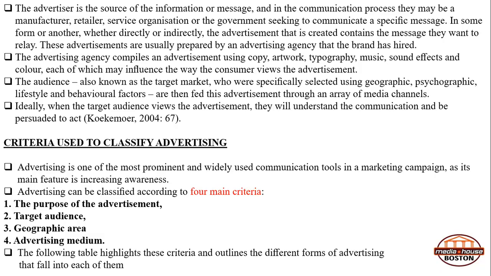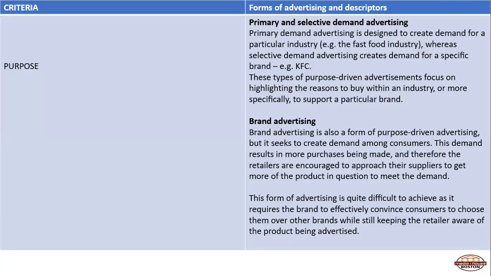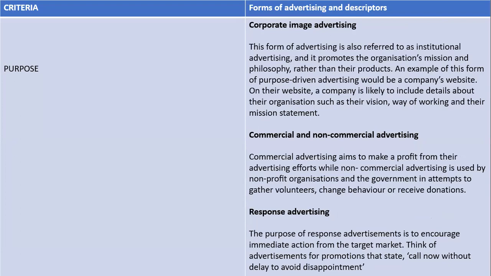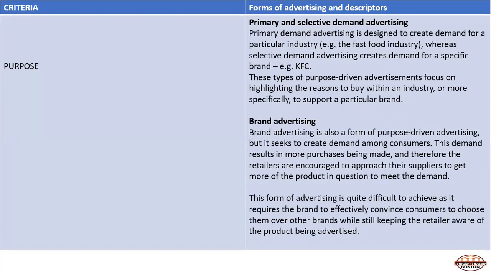advertisement? Okay, so like I was explaining before, criteria, purpose, it's explaining all these things, your brand advertising. What's the purpose of this advertisement? There's primary and selective demand advertising. Primary demand advertising is designed to create a demand for a particular industry.